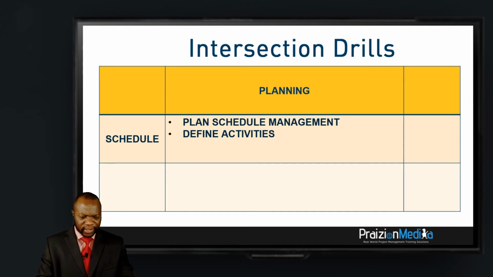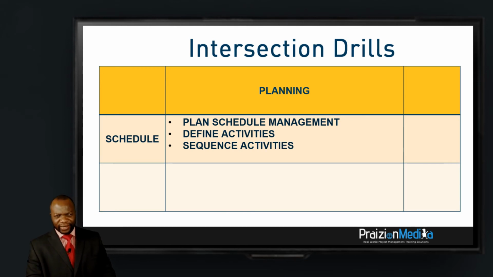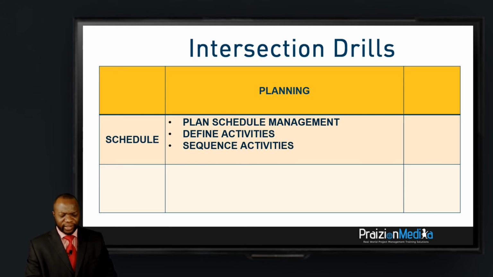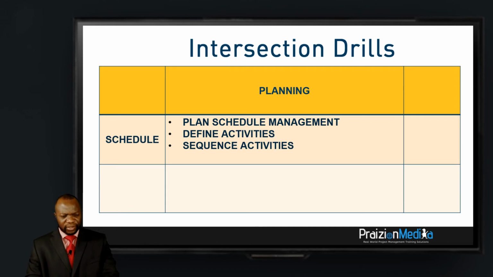The next one in schedule is to sequence the activities. And from here you get a project schedule network diagram. And this is the beginnings of critical path and forward passes, backward passes, and all that stuff. We are going to be covering that in the tech camp.